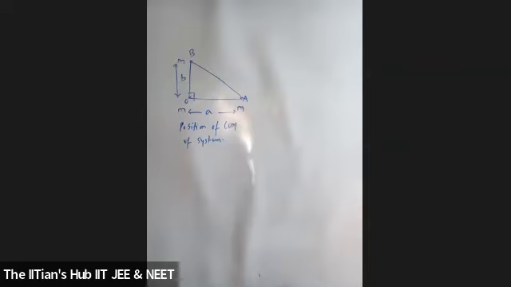All same mass, but they are placed at three corners of a right angle triangle, and the sides are given to us as A and B.